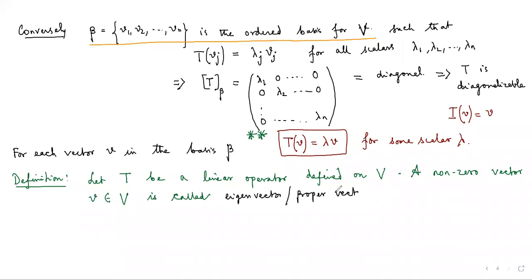We will not use these terms. We will only use eigenvector, the term eigen. Sometimes it is also known as latent vector. Sometimes it is also known as characteristic vector. Many different names are there.